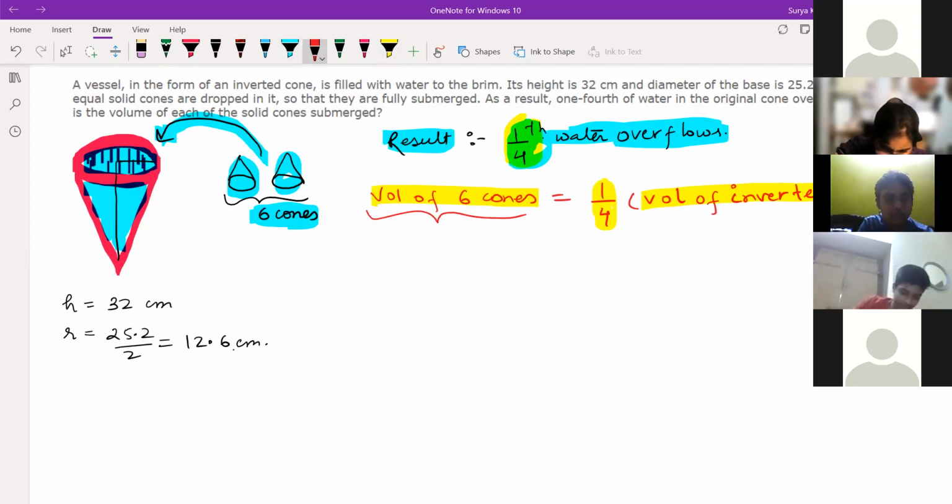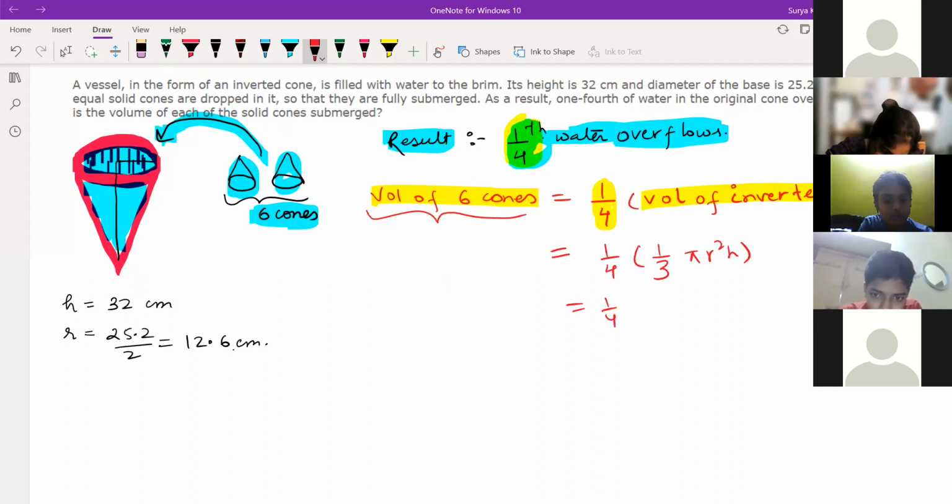Now the volume of 6 cones, what can we write here? We don't know the volume of 6 cones, right? It is 1/4 into the volume of the inverted cone, 1/3 pi r squared h.